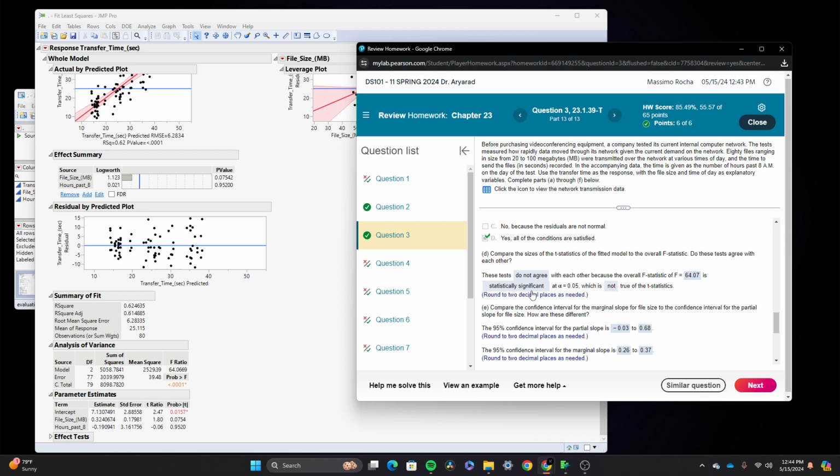And then let's see. So this is statistically significant. But this right here is not.